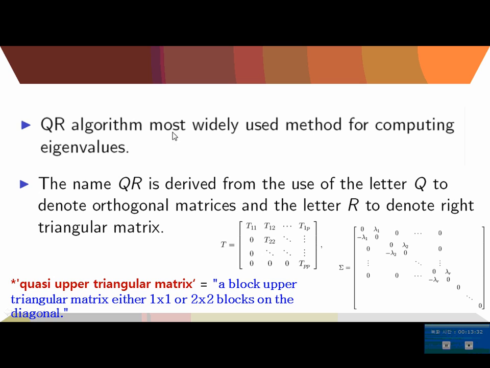The QR algorithm is the most widely used method for computing eigenvalues. If you just do the QR decomposition, change the position, and do it again, after a certain point you have an upper triangular matrix whose eigenvalues are on the main diagonal. The name QR is derived from the use of the letter Q to denote the orthogonal matrix and the letter R to denote the right triangular matrix.